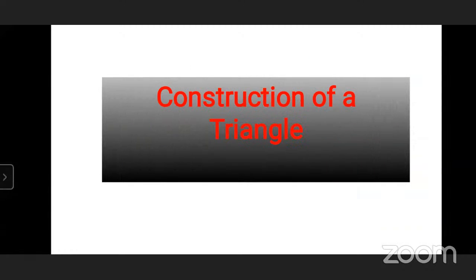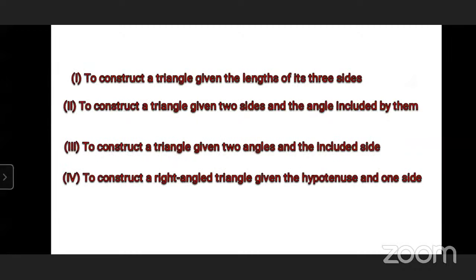The next point in that chapter is the construction of the triangle. The construction of a triangle has four types. First, to construct a triangle when the lengths of the three sides of that triangle are given. Another one, to construct a triangle given two sides and the angle included by them.